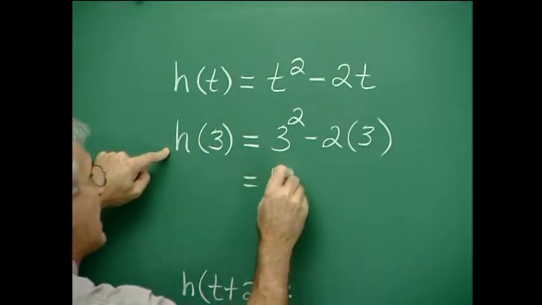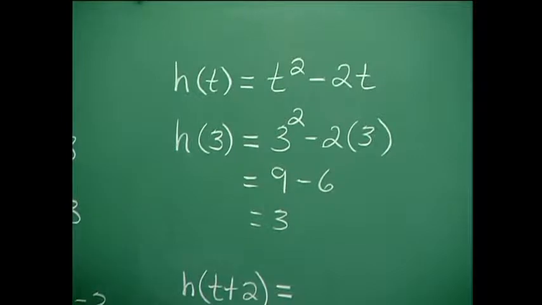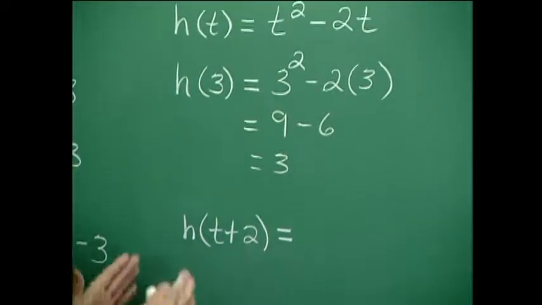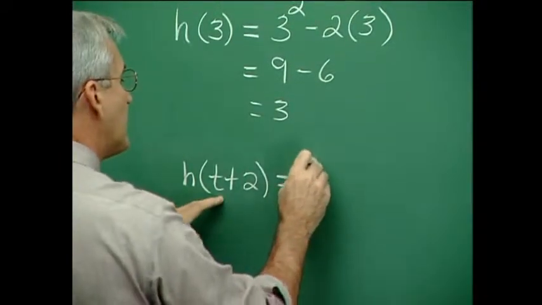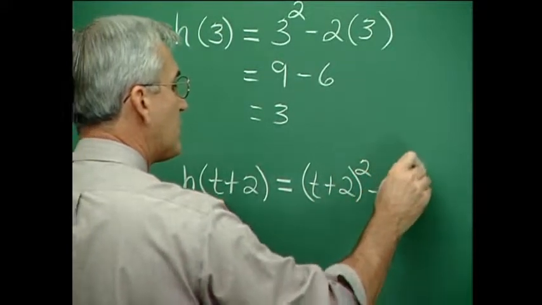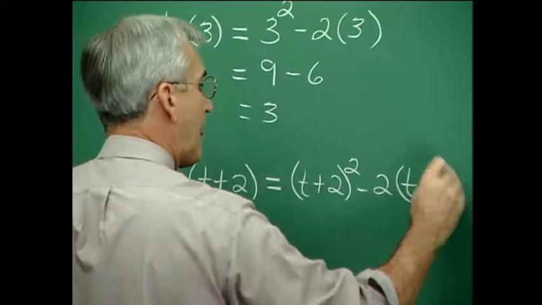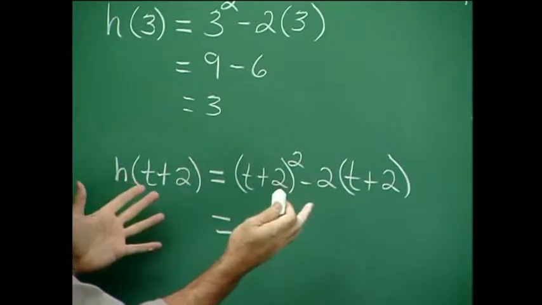So we have 9 minus 6, or 3, as h of 3. Here we have h of t plus 2. It means in the h function replace t with t plus 2. So we have t plus 2 squared minus 2 times t plus 2. And away we go with simplifying here.